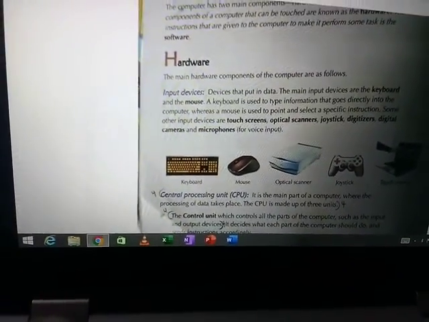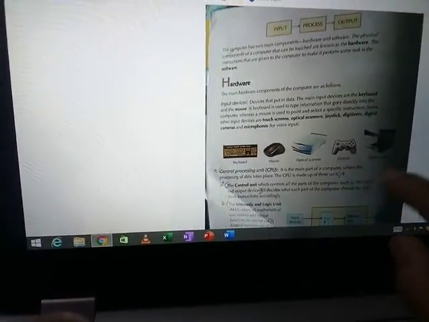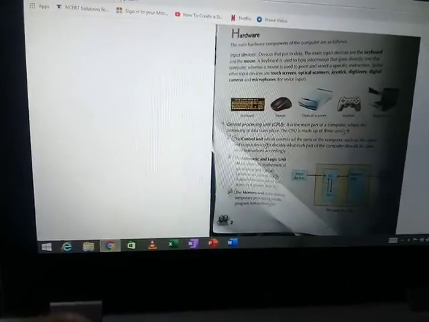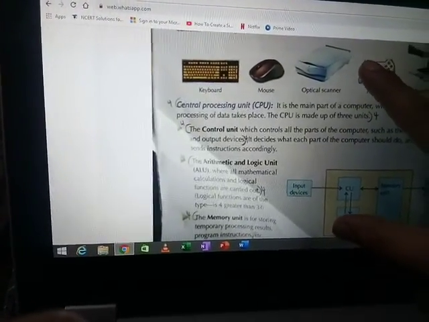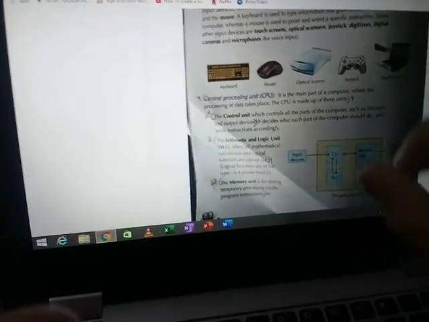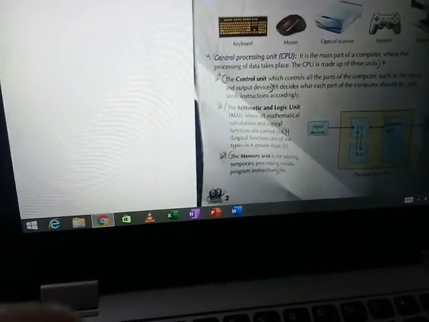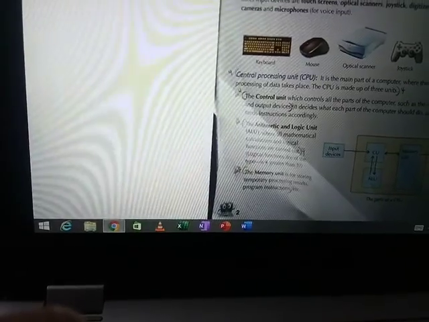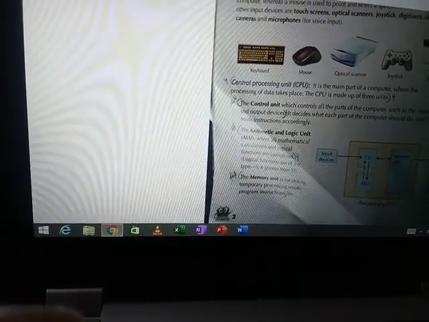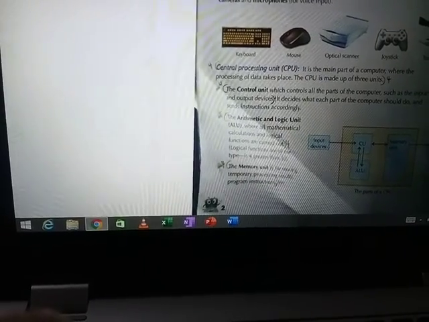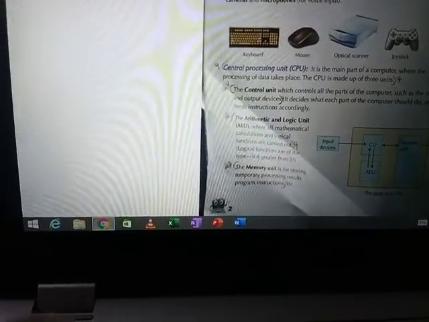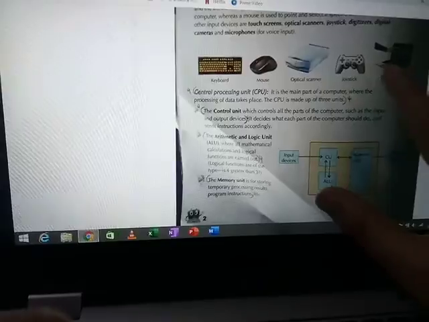In that we saw input devices, all of which are hardware, and they give input. Then we saw the CPU, also a hardware device. In the CPU there are 3 parts: control unit, arithmetic logical unit, memory unit. The control unit controls each and every process. The arithmetic logical unit performs mathematical calculation. The memory unit stores the data.